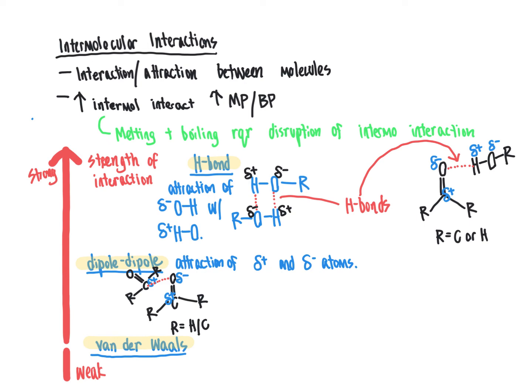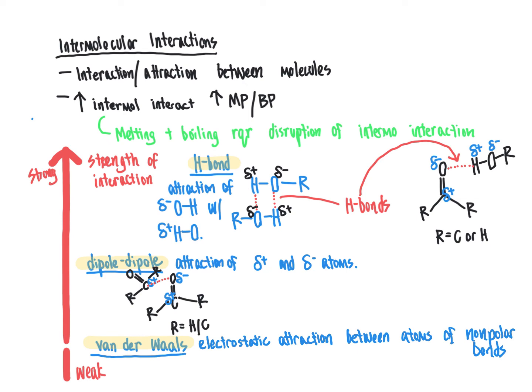So van der Waals forces, written out in words, is our electrostatic attraction that occurs between atoms of nonpolar molecules, or atoms of nonpolar bonds. The most prevalent example of a nonpolar bond that we come across within the field of organic chemistry are carbon-hydrogen bonds and additionally carbon-carbon bonds.